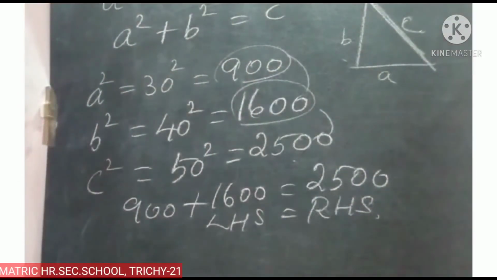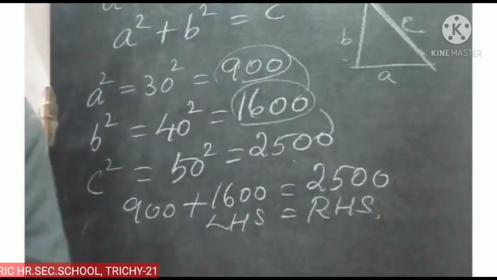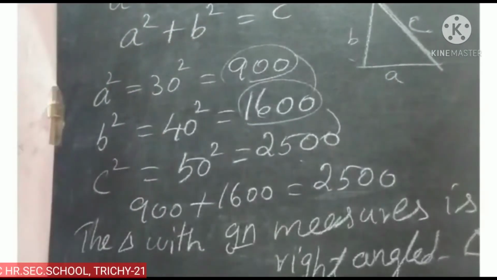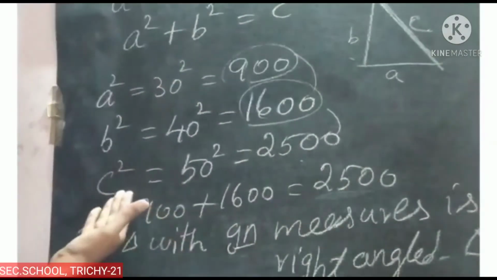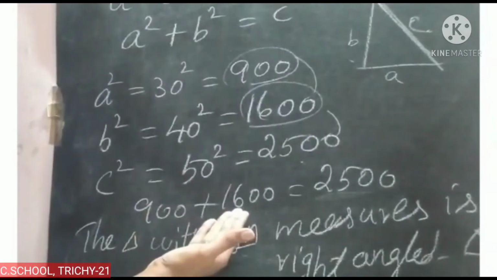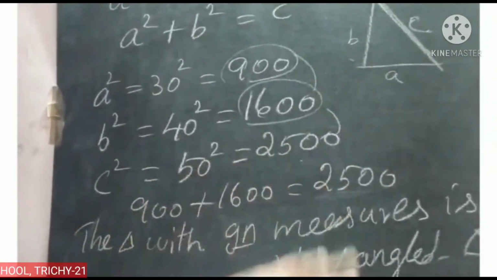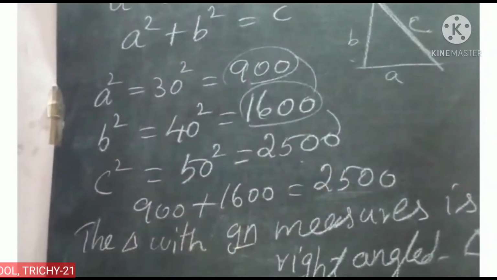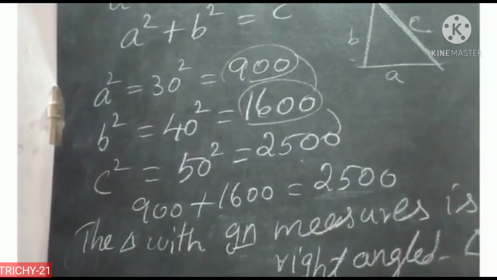So 900 plus 1600, that answer is 2500. Both are equal. So by Pythagoras theorem, the triangle with the given measures is a right angle triangle.